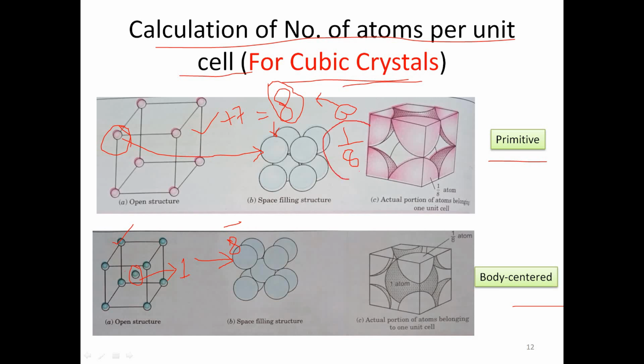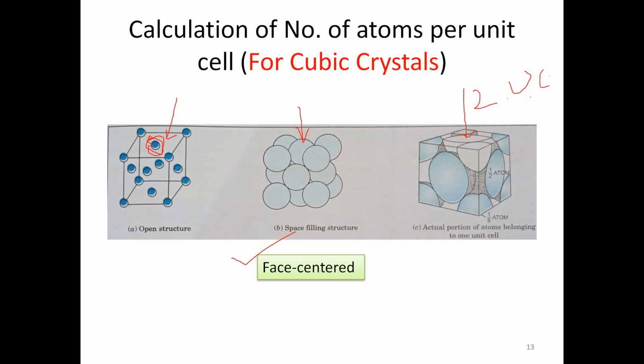So the share of each unit cell is 1/8. Similarly here also 1/8, and here, since it is shared by 2 unit cells, its share will be half. So this is very important.